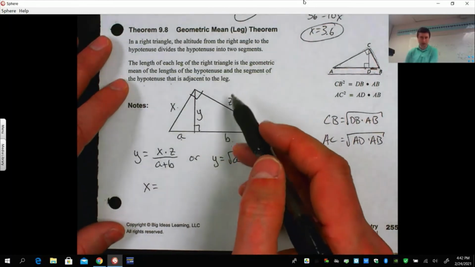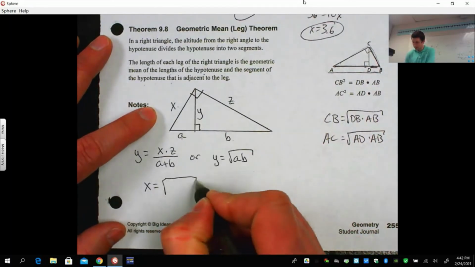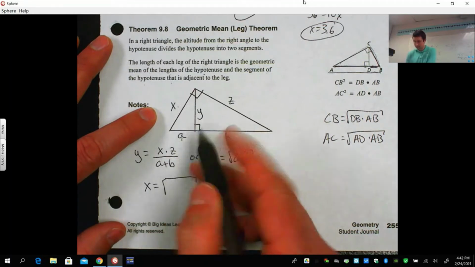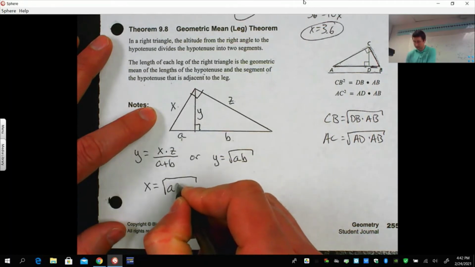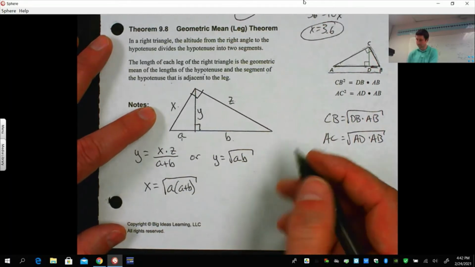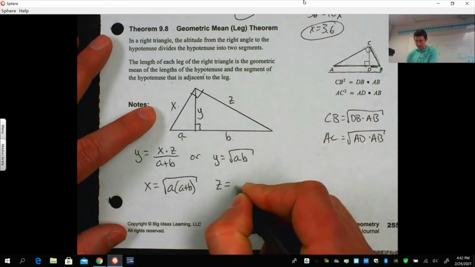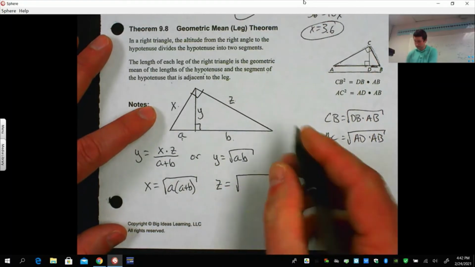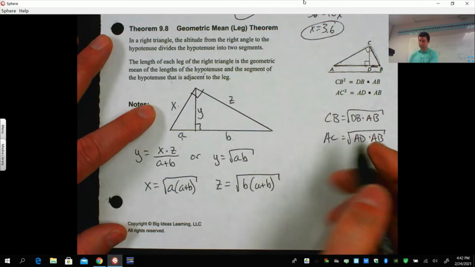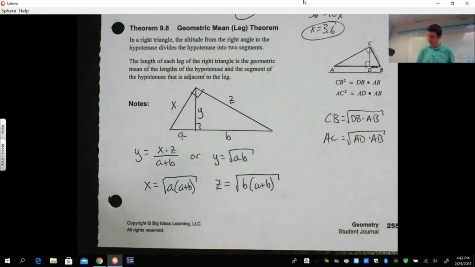That is going to be the square root of the hypotenuse, A plus B, times its adjacent part, A. So it's A times A plus B, the entire hypotenuse. And if you're looking for Z, that is going to be the square root of B times A plus B. So it's corresponding parts. You can use this to match up whatever you want.